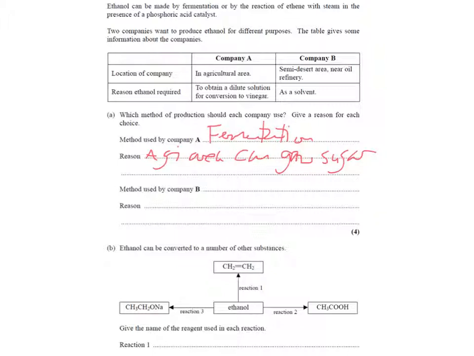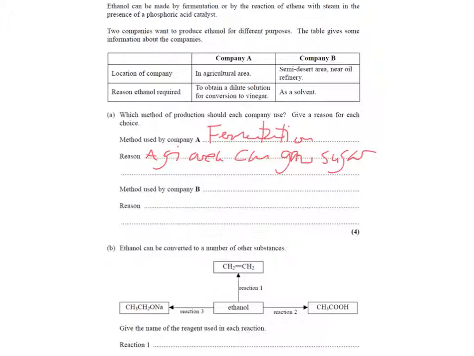And they're going to use the ethanol as a solvent, so we'd want very pure ethanol. Fermentation only produces a solution which is 15% ethanol. But as Company B is near an oil refinery, that would be a very good place to obtain the ethene required in the second process, the hydration of ethene.